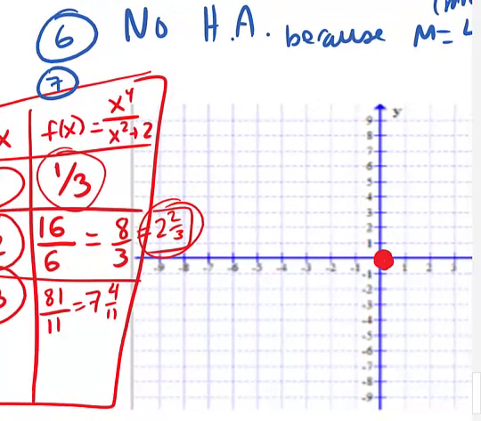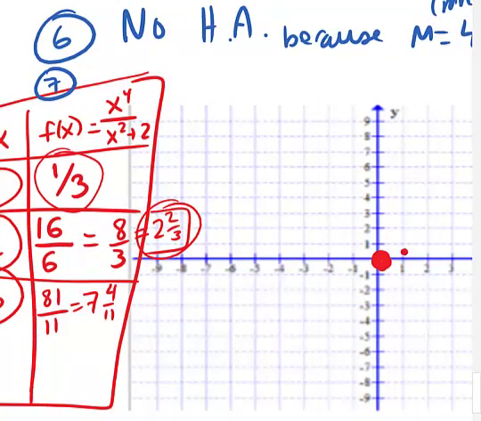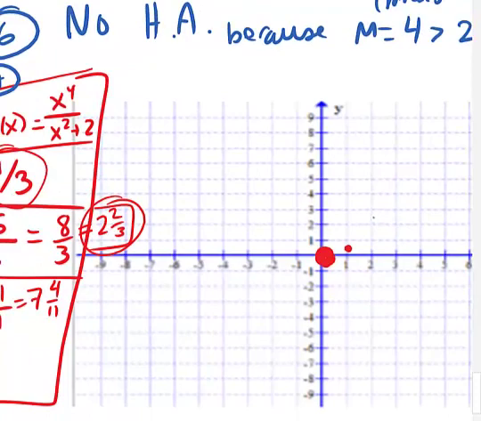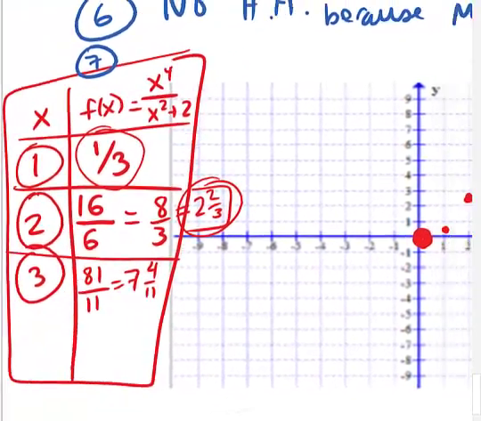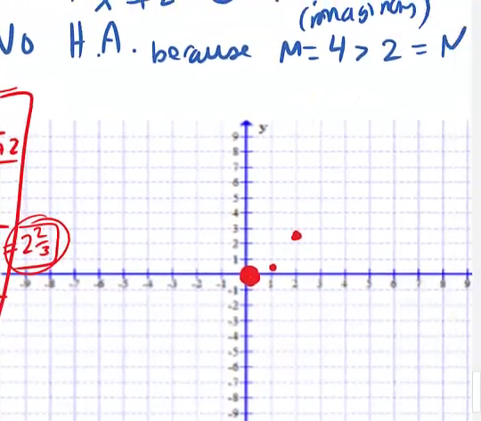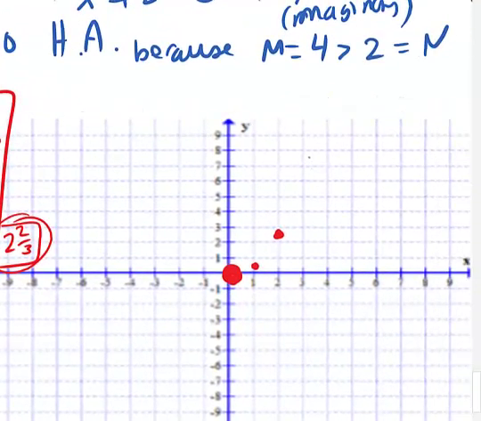So the points are 1 and 1/3, so it's around there maybe. And then we got 2 and 2 and 2/3, so it's about here. And then you got 3, 7 and 4/11, it's about here maybe. So it's kind of going like this, which is kind of weird.